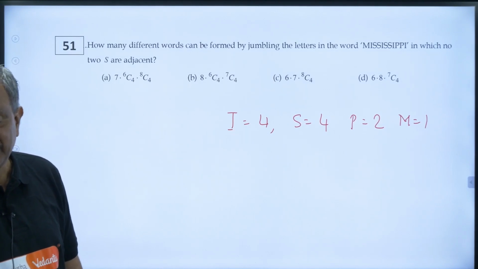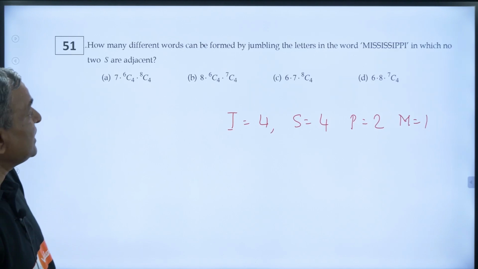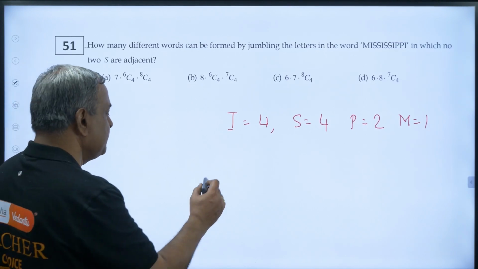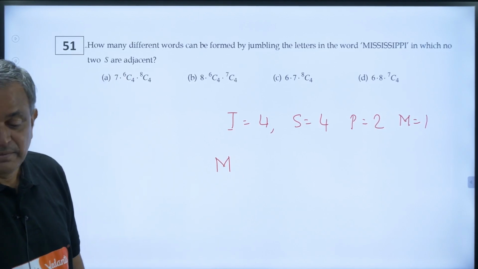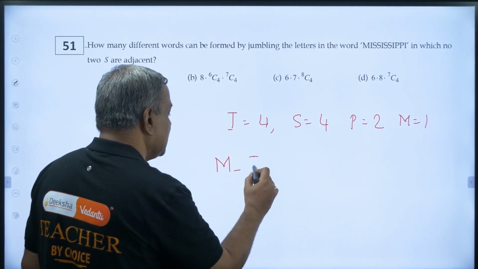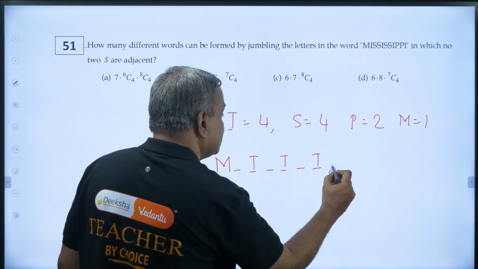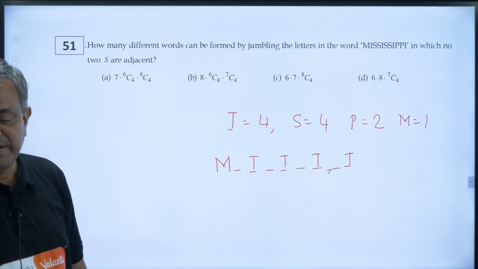Okay. So what's the condition given? No two S are adjacent. Okay. M, there is a gap, you give it, gap I, and next gap I. So for I you have given the gaps.